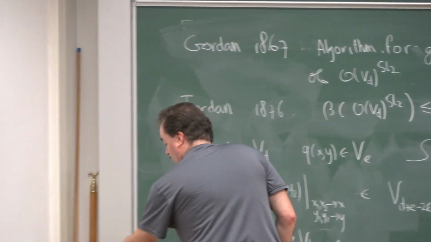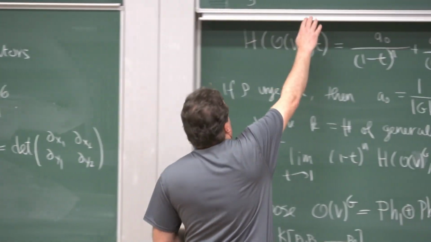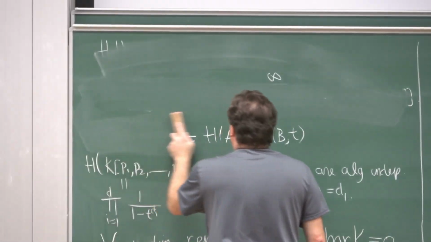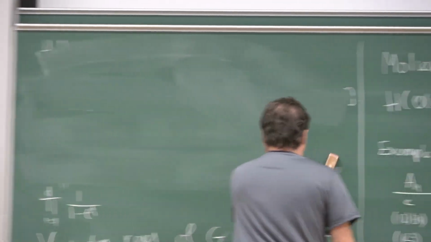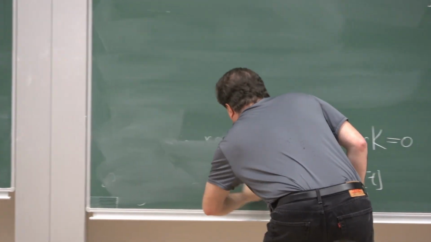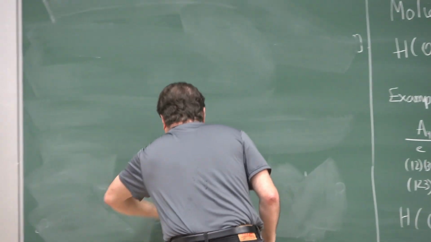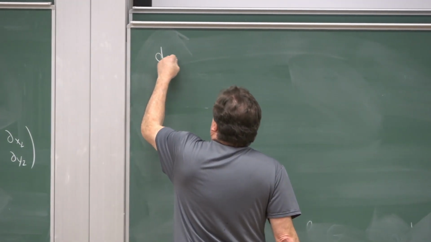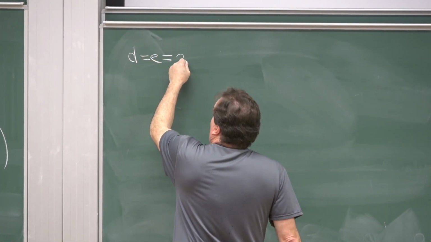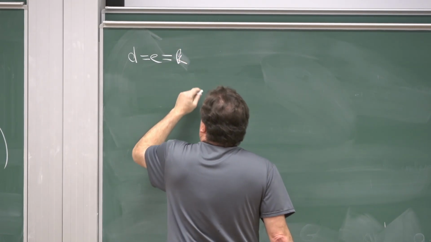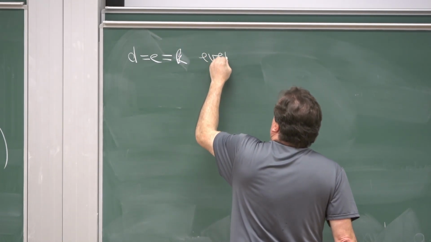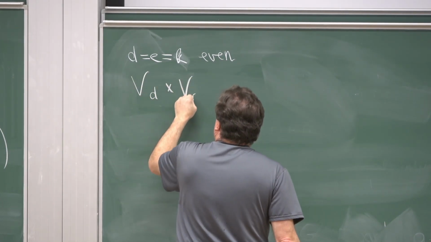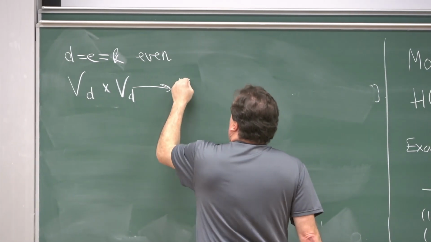So in particular, if we take d and e equal to d, and k equal to d, and let's say d is also even, then we get a bilinear map V_d cross V_d to K.